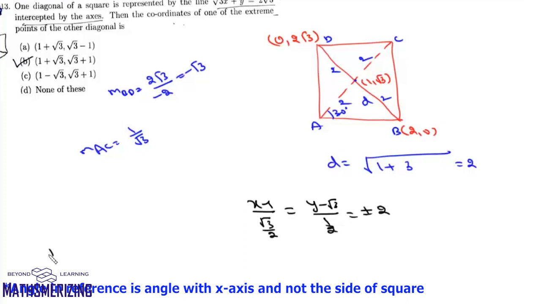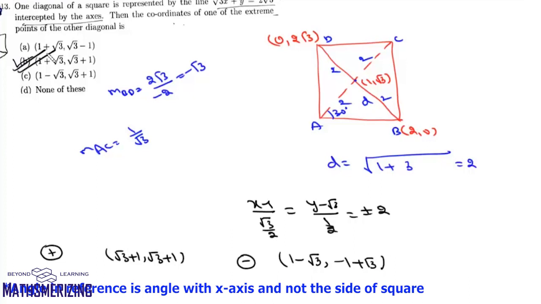Now we'll take plus sign, then we'll get x as root 3 plus 1 and root 3 plus 1, and if we take minus sign, we'll get this as 1 minus root 3 and then minus 1 plus root 3. And the only option given in the question is option number B, which is 1 plus root 3 and 1 plus root 3.